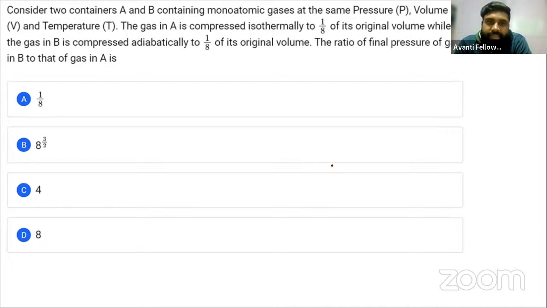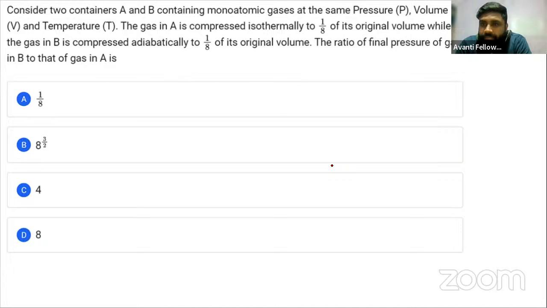Now gas A is compressed isothermally to 1 by 8 of its original volume, while gas B is compressed adiabatically to 1 by 8 of its original volume. The ratio of final pressure of the gas in B to the gas in A is asked.